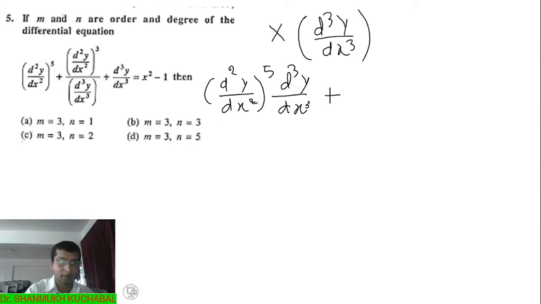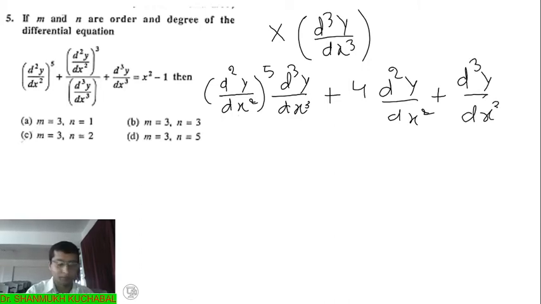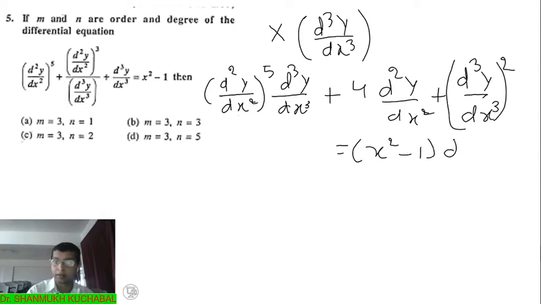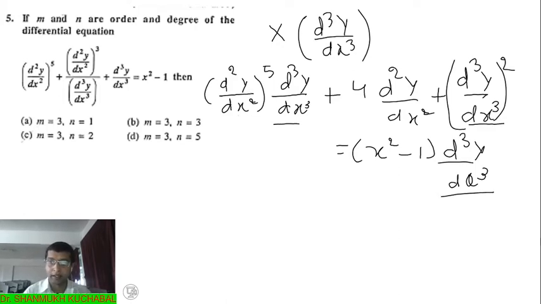Simplifying, we get 4 times (d square y by dx square plus d cube y upon dx cube) whole square equal to (x square minus 1) d cube y upon dx cube. So here the highest order is third order, here it is third order, here also, as well as here.